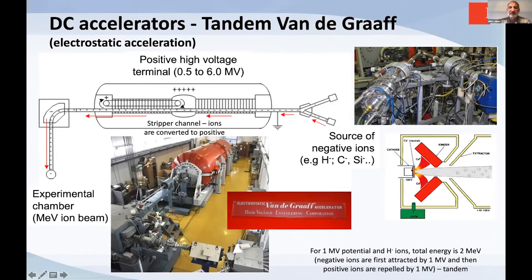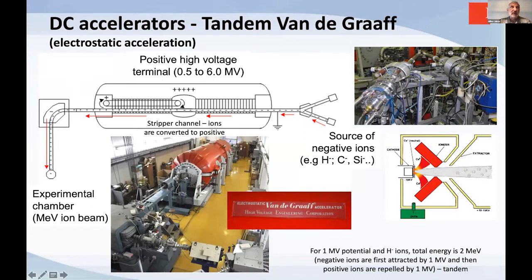Then these cesium ions produce a lot of different ions, and only the negative ions are accelerated towards the accelerator. When these negative ions are accelerated to, let's say, 1 megavolt potential, they get 1 MeV energy, and they go through the stripper channel, which converts them by collisions with low pressure gas.